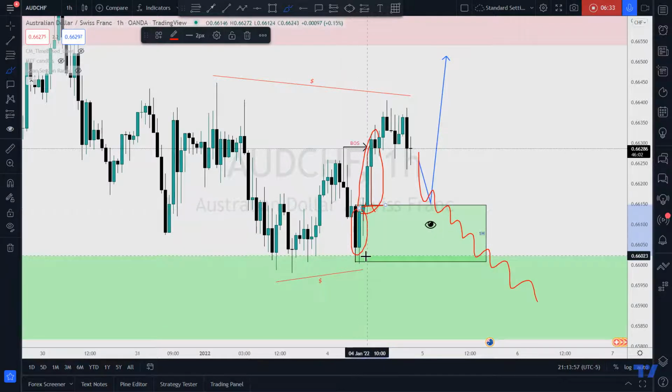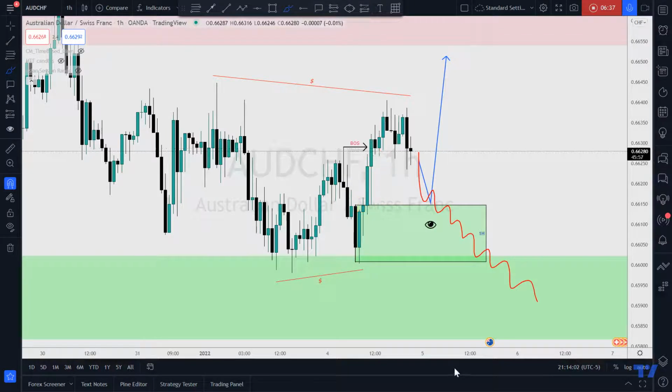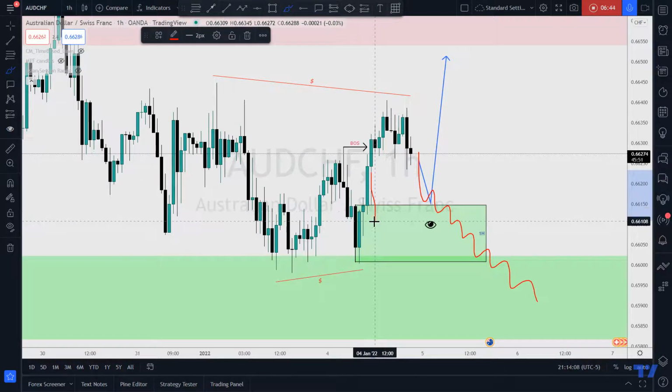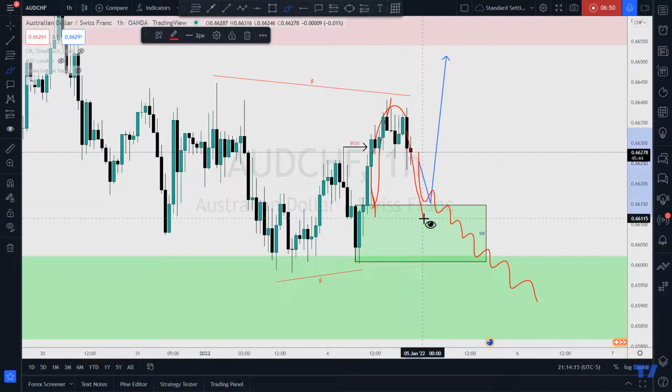The last bearish move before the up move, the last down move before the up move forms our order block. And price loves to mitigate and get those orders and take them up, right? Come back, mitigate out of those orders, and then continue higher.